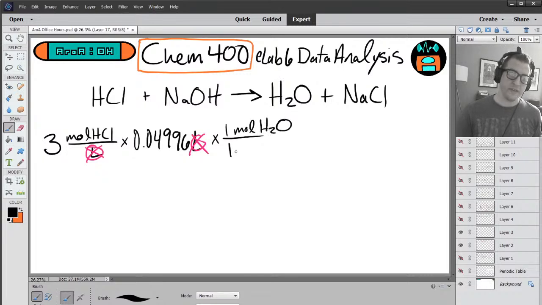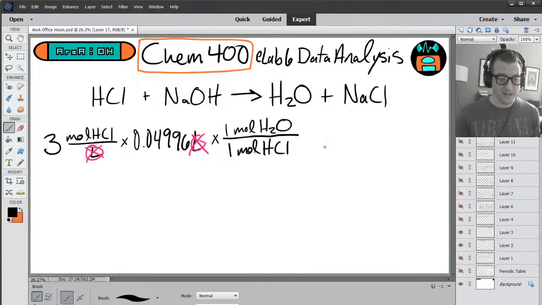So we're going to go 1 mole of HCl over, 1 mole of H2O over 1 mole of HCl. If you pick sodium hydroxide, the answer would come out the same. Moles of HCl cancel. So this would give us 3 times 0.04996.